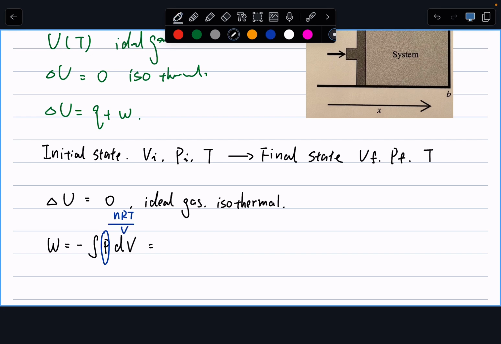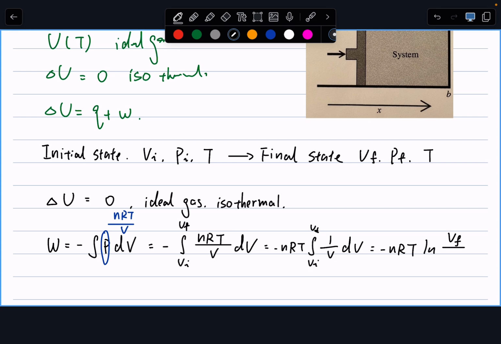We can rewrite this as negative integral from V initial to V final of nRT over V dV. For isothermal processes, temperature, n, and R are not changing, so we can take everything out as constant. That becomes negative nRT times the integral from V initial to V final of 1 over V dV. You solve that integral and get negative nRT ln V final over V initial.